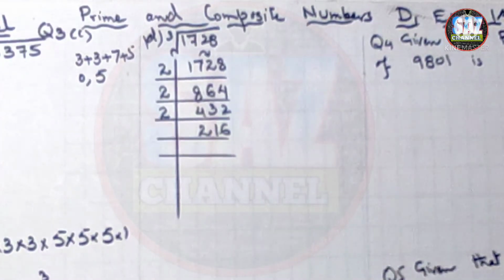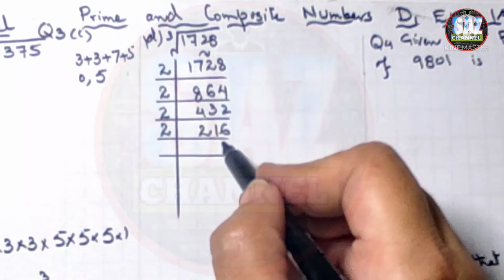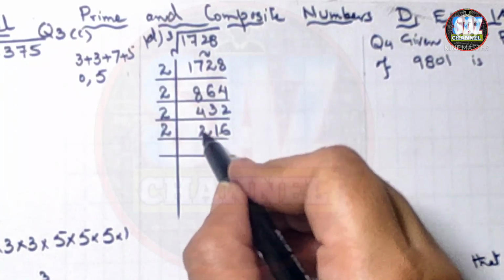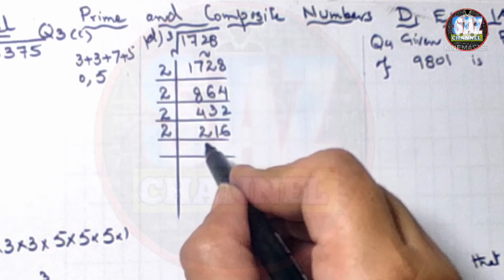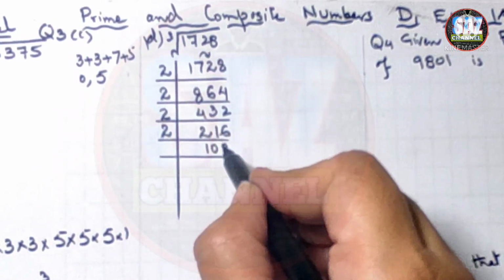Okay, 216. Again, the unit digit is 2, so we can divide that number by 2. Unit digit is 6, even number. So 2 how many times is 21, or closer to that? 2 10s are 20, and 1 will be given to 16, and 2 8s are 16.